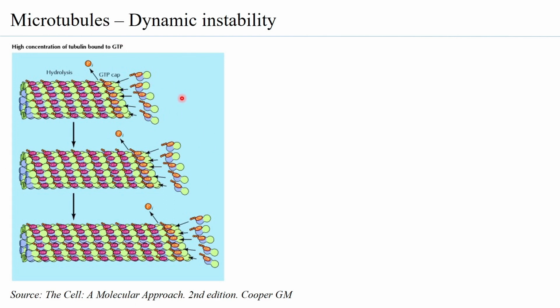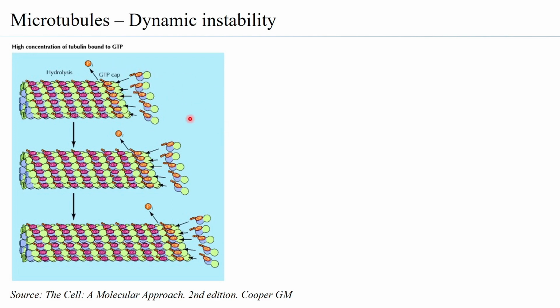An interesting point that you must keep in mind here is that generally within a cell, the concentration of the dimers is almost in equilibrium with the dimers that are present in a filament. So understand, the dimers that are present in the filament are in equilibrium with the dimers that are not yet part of a filament.